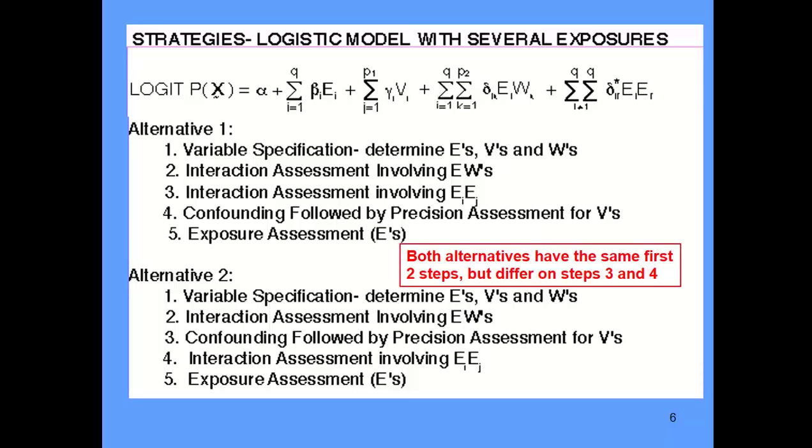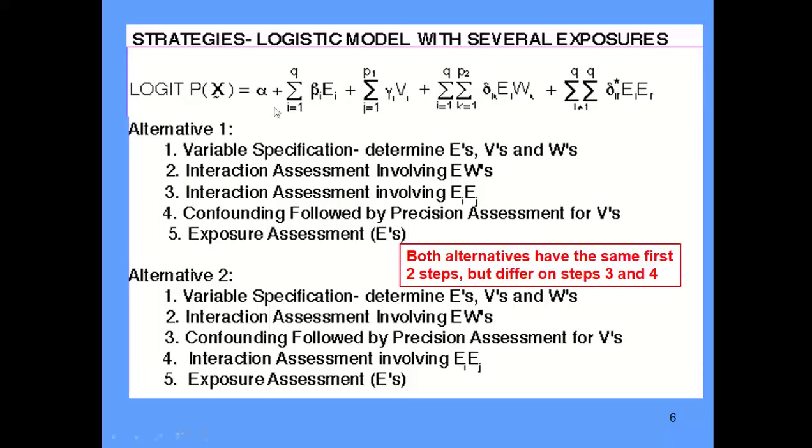Now, look at the guidelines. In the first step there are two alternatives. First step, alternative one, is variable specification to determine the E's, V's, and W's. You notice that's also the first step for alternative two. So you start out the same way, with your model in terms of what makes sense to you as the initial model.